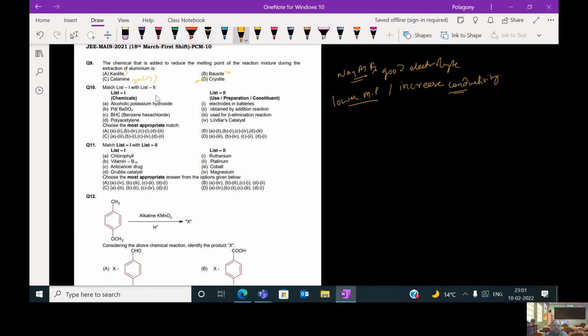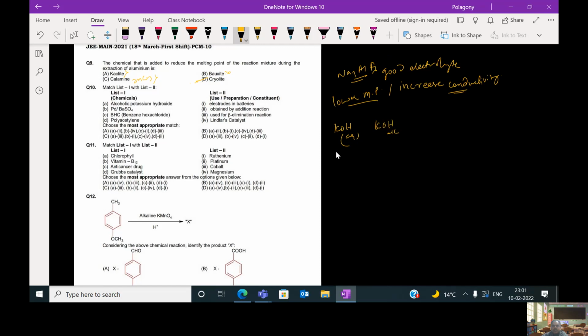Again, match the following, list 1 and 2. Chemicals are mentioned here, and their preparation and uses are also mentioned. Now, alcoholic potassium hydroxide and aqueous KOH are two reagents.